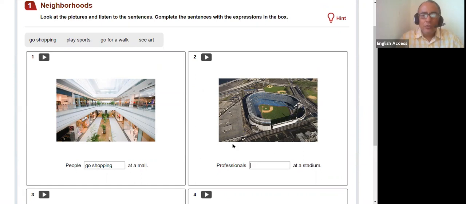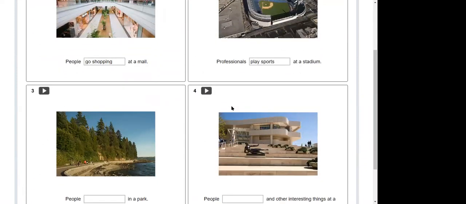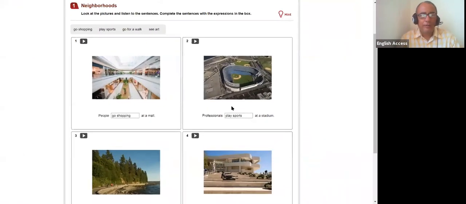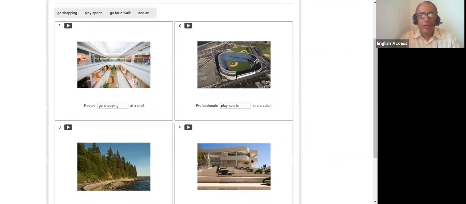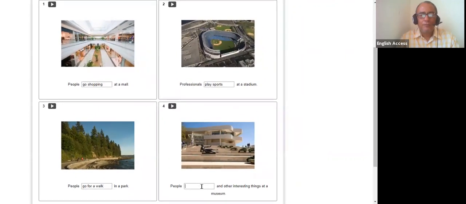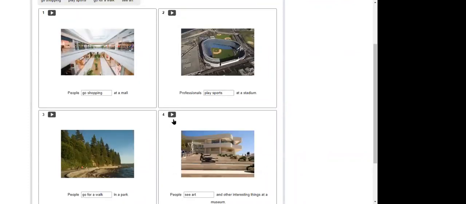Number two, what can you do in a stadium? Play sports. Exactly, play sports. What can you do in a park? Go for a walk. And finally, what can you do in a museum? See art. Very good.